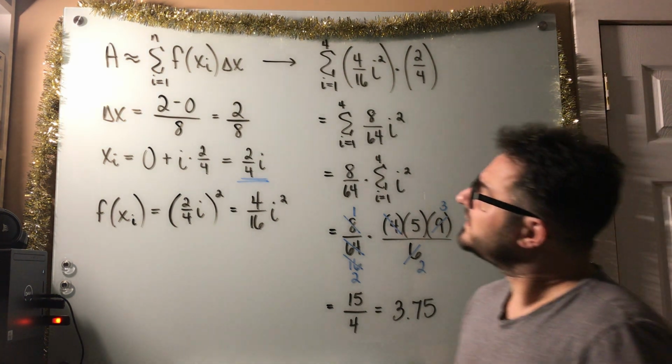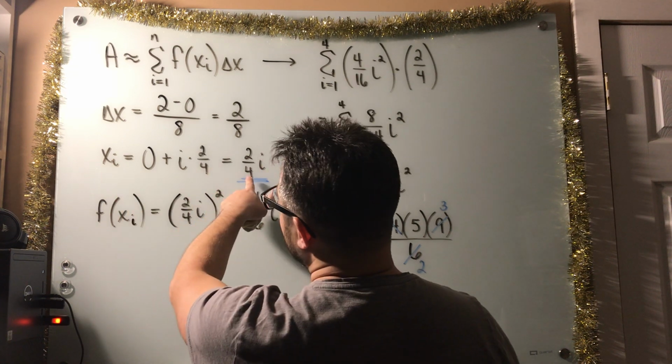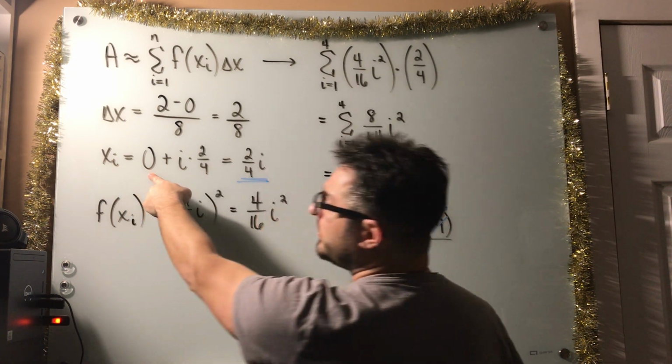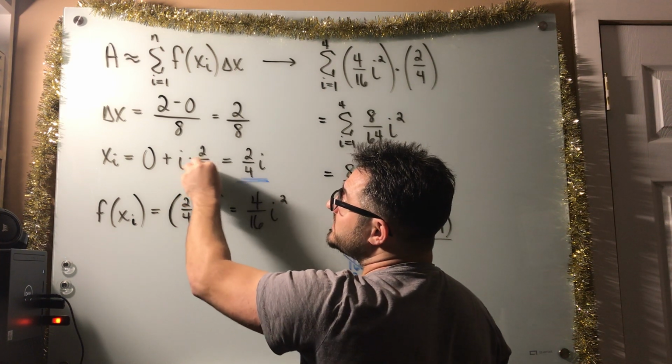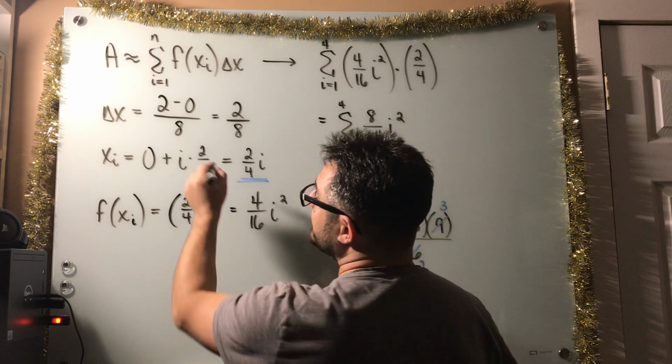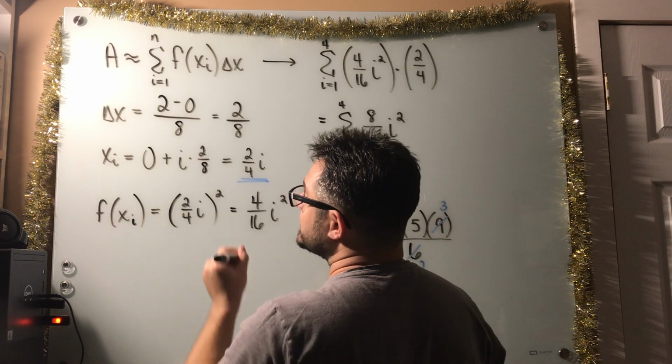Well, of course, that's going to affect x sub i, but the left endpoint of the interval is still 0. i is still i, so all that really changes is, again, this.